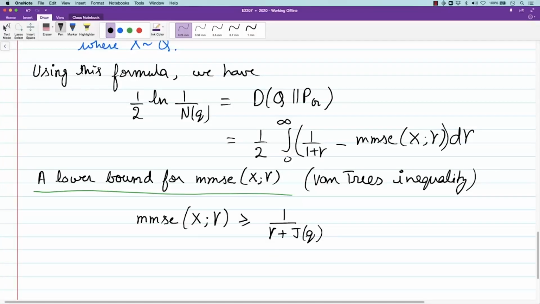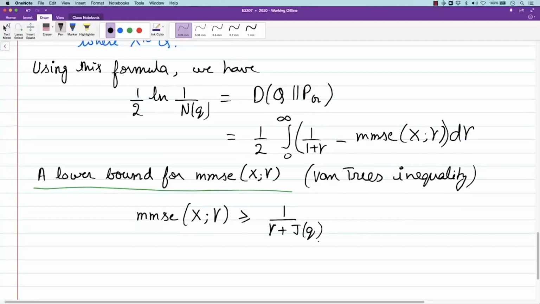So Van Trees' inequality in effect replaces unbiasedness with a prior. It doesn't have any condition of unbiasedness, but it works only with a prior. For our application, the prior is Q, so we have the Fisher information of the prior, J(Q), and the Fisher information of the noisy channel, the Gaussian channel that we're using. That's what Van Trees' inequality is.